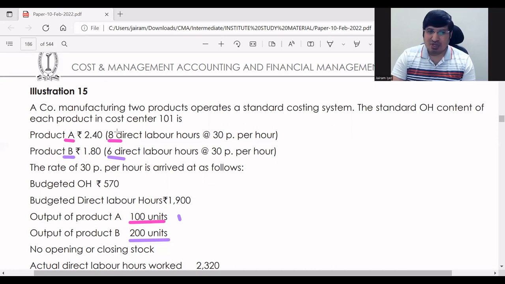Okay, so in this particular problem, different budgeted and standard hours have been given. Okay, budgeted is given directly here, actual is given directly here. Okay, but standard is given indirectly like this. Okay, so this is basically standard hours into actual output. Okay, that will become 2000 hours then.